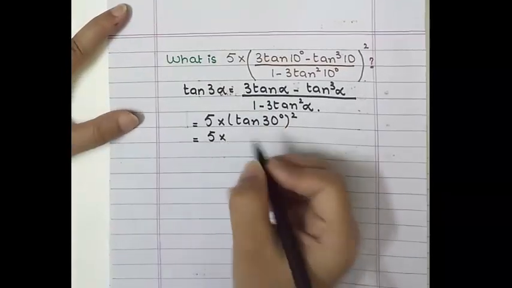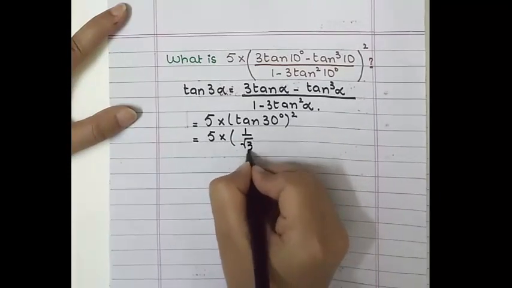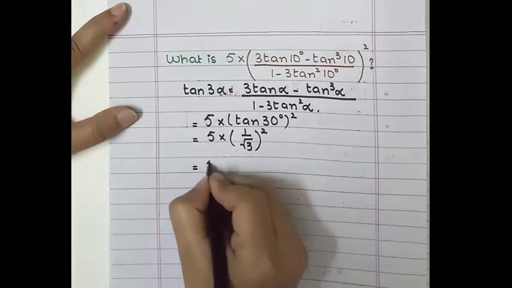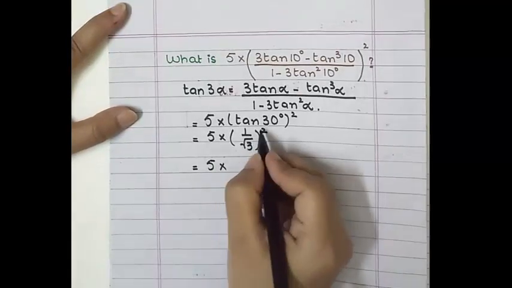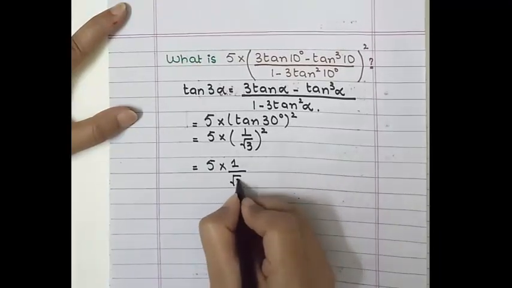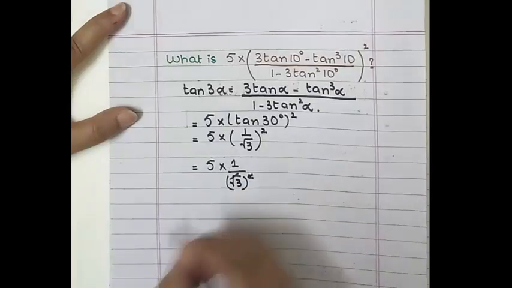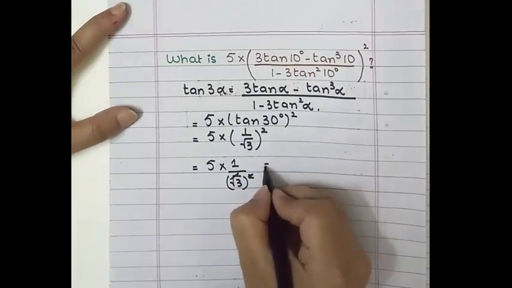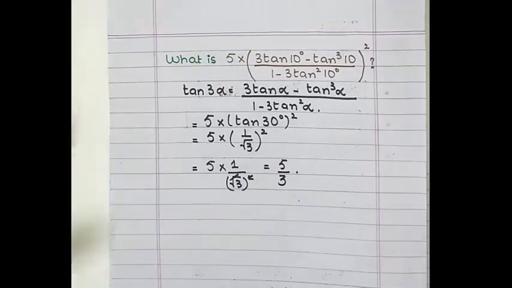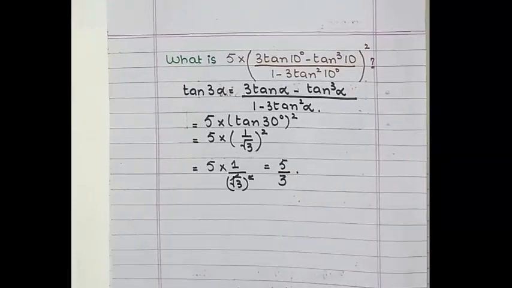Tan 30 is equal to 1 over under root 3, and a whole square, so 5 into the square of 1 is 1, and we have under root 3 whole square. The square will be cancelled out with the under root and we have the value 5 over 3. So the answer for this expression is 5 over 3.